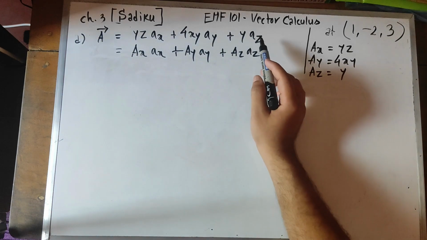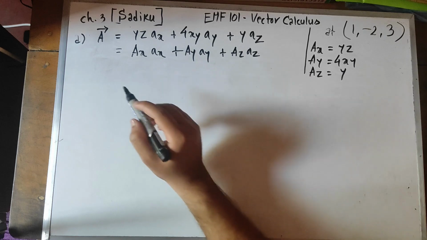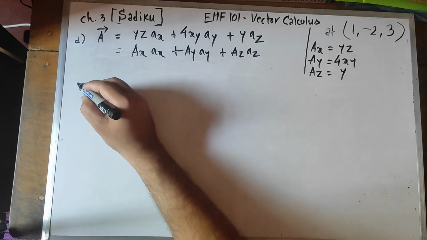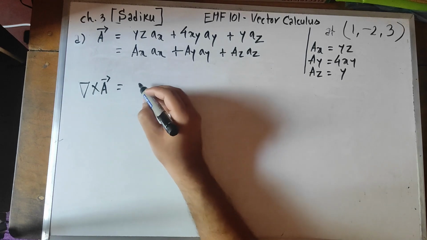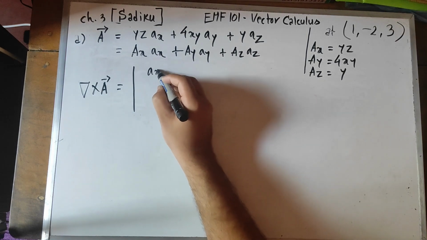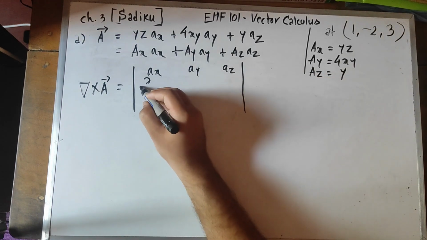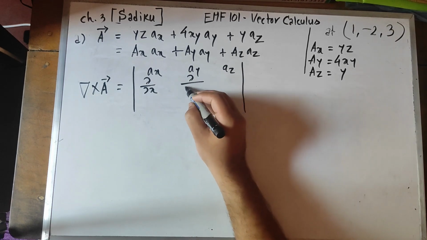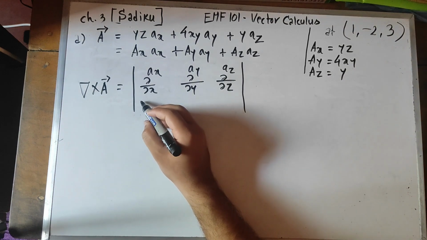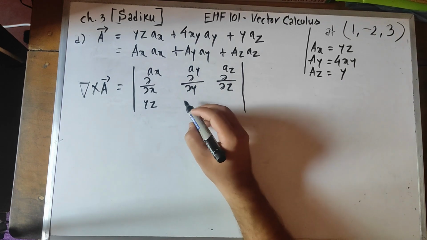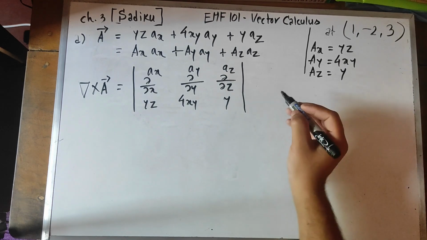So this is our first vector field, and to get the curl, this is in the Cartesian or rectangular system, so the vector multiplication with the del operator: ax, ay, az, partial differentiation with respect to x, partial differentiation with respect to y, partial differentiation with respect to z, and the components yz, 4xy and y.